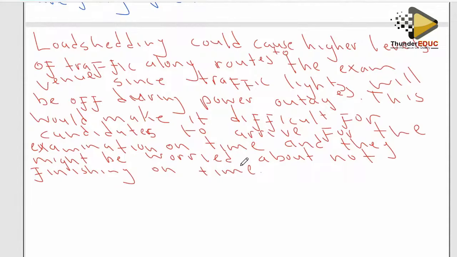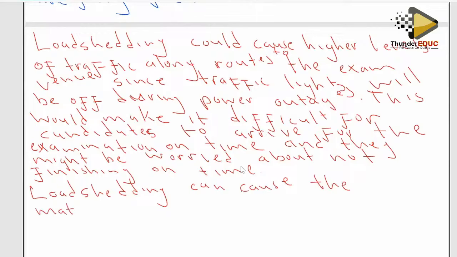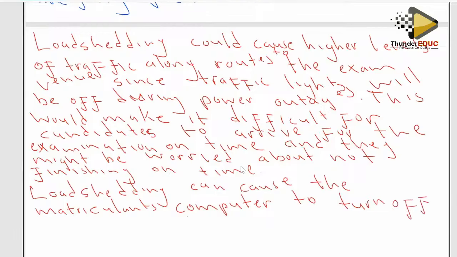Then, in addition to that, load shedding can cause the matriculant's computer to turn off midway through the examination.